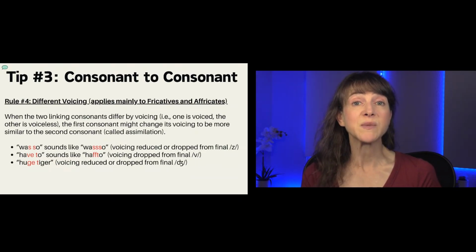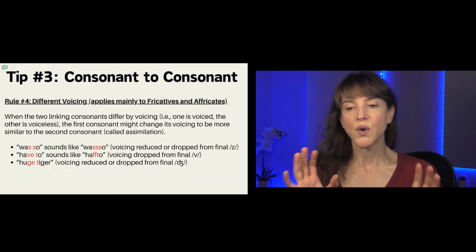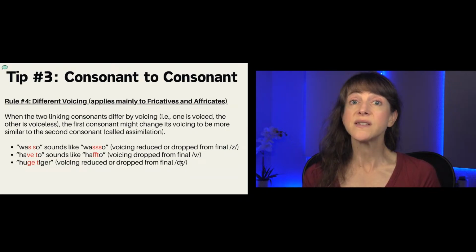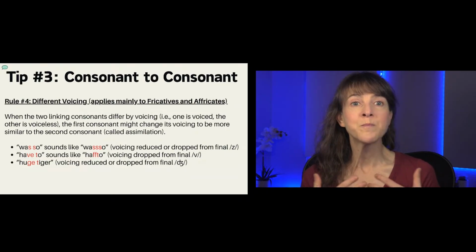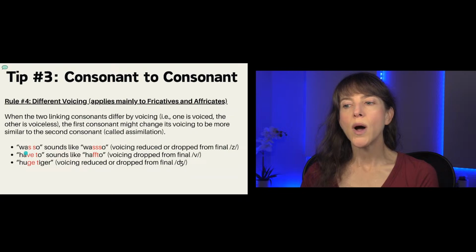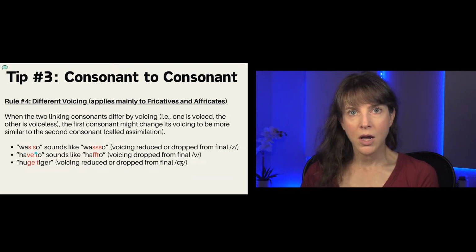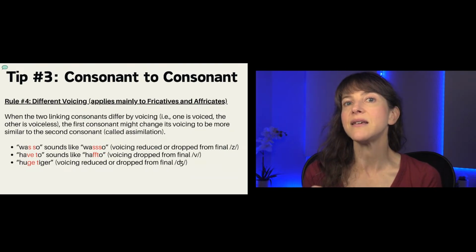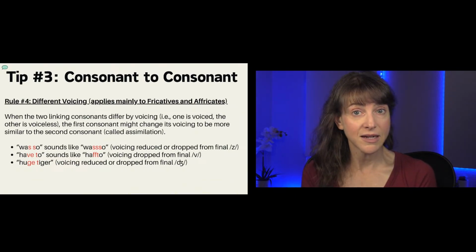So now we're talking specifically about voicing. So consonants that differ by voicing, how do you link those together? This is one thing that can happen. The phrase was so typically sounds like was so. Was ends in the Z consonant sound. So begins with the S consonant sound.